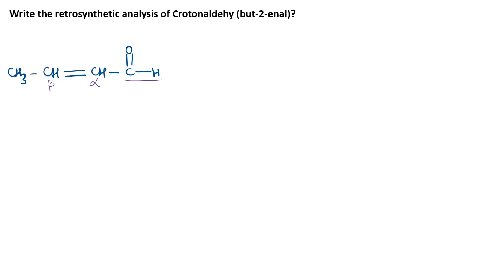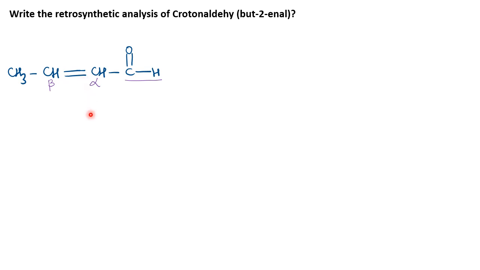So when we get this kind of unsaturated aldehyde or ketone, which is usually called alpha beta unsaturated aldehyde or alpha beta unsaturated ketone, the first strategy we apply is functional group interconversion. We convert this alkene into an alcohol by adding water, one functional group into another.